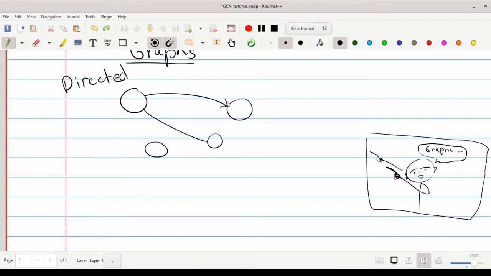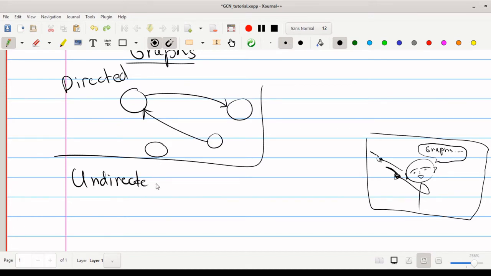So this connection is different from this connection. So this one is different from this one. And if the graph is directed, all connections are directed. All edges are directed.